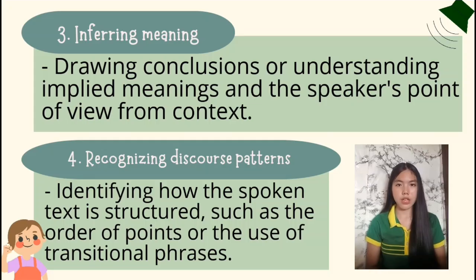Pay attention to the speaker's tone, body language, if visible, and the context of the conversation. Ask yourself, what is the speaker suggesting or implying? And how do they feel about this topic? For example, if someone says, "That's a very interesting idea," with a sarcastic tone, inferring meaning helps you understand they might actually think the idea is not very good.